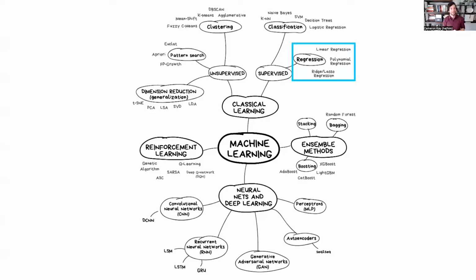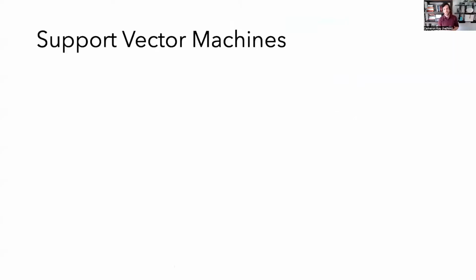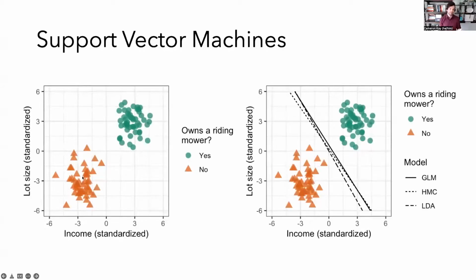Okay, we covered regression, and we're moving on to classification. Support vector machines might sound super advanced, but the underlying idea, I think, is very intuitive. Looking at the left-hand side of the slide, we see a relationship between a person's income, standardized in this case, and the size of the lot that their house is on, also standardized.